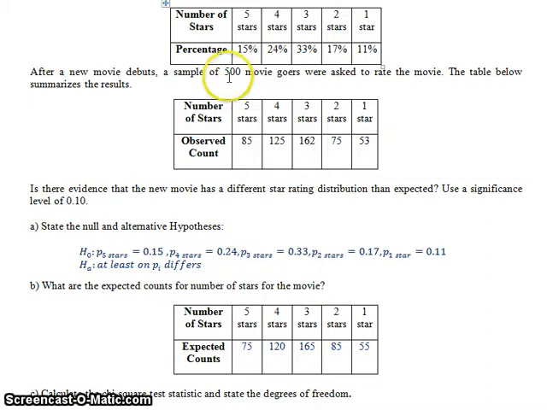So 0.15 times 500 should give us 75. 0.24 times 500 will give us 120. 500 times 0.33 should give us 165, and so on. And so that's how we can find our expected counts. Just multiply the sample size times the expected percentage for each category.